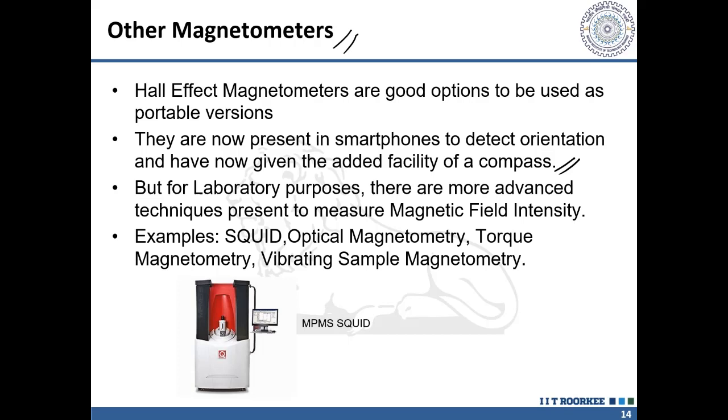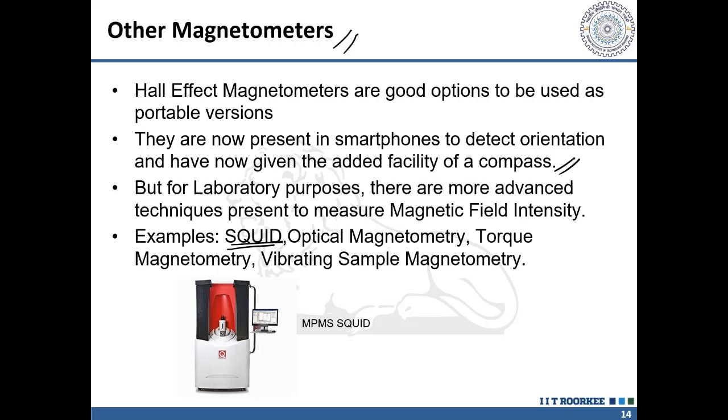So instead of using Hall effect magnetometers, there are highly advanced techniques such as the SQUID over here. You can actually see the SQUID at work if you go to a cold physics laboratory or a solid state physics laboratory. You can go to the instrumentation to check this out. I have MPMS SQUID.